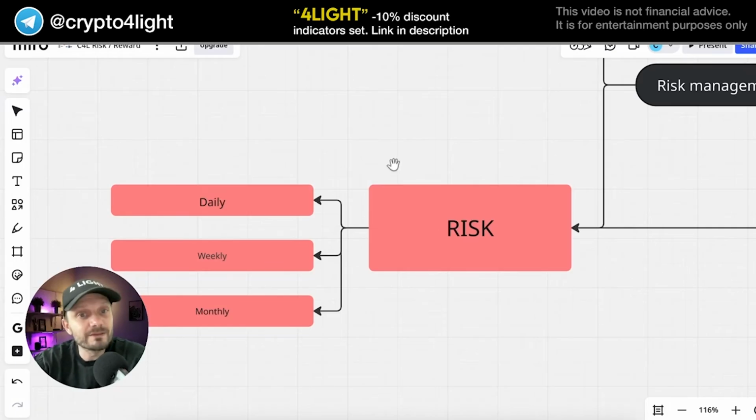Next one is risk per week. For example, you can get three profitable days, then two days in losses, and two more days neutral at break even. It's okay, you're still in profit. Next one is the monthly risk.